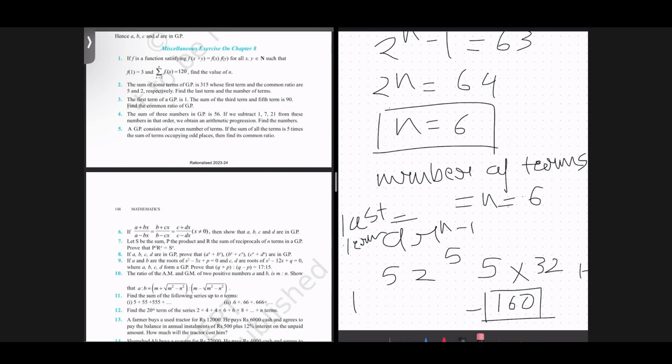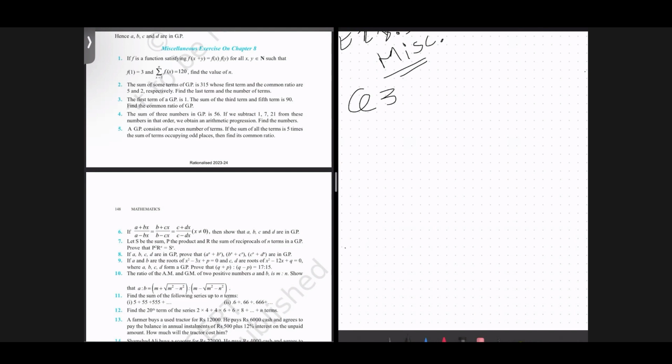Moving ahead, in question number 3, you have the first term of the GP is 1. The sum of the third and fifth term is 90. Find the common ratio of the GP.